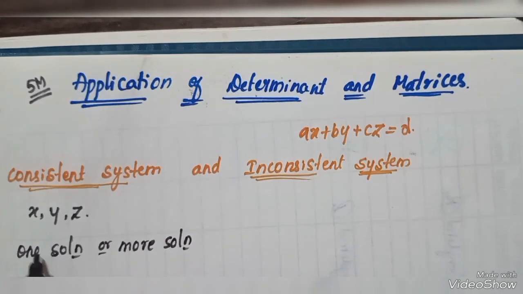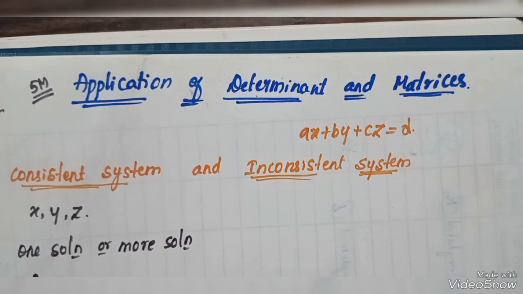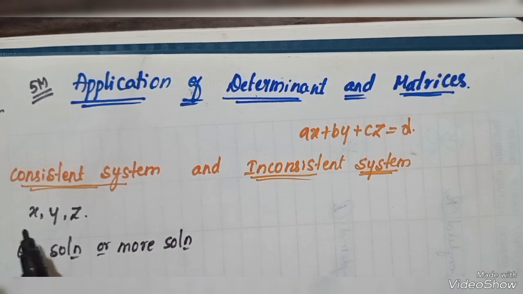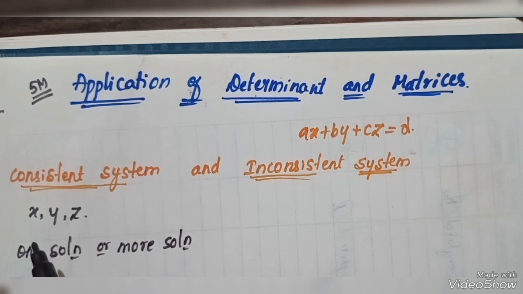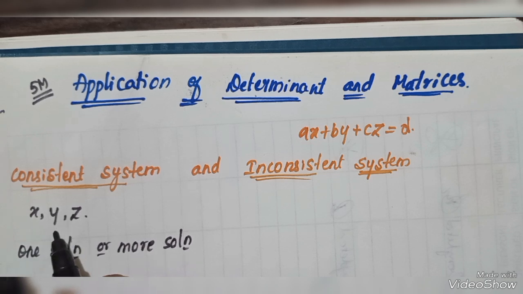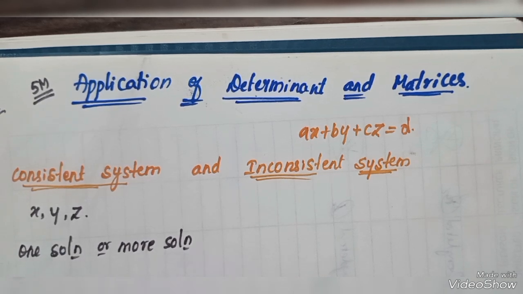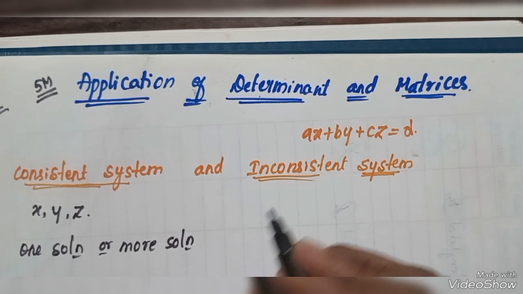It means x has 1 value or x has more than 1 value, same for y as well as z. Here x, y, z having more than one result is called more solutions. If it has a unique solution, meaning only one value, then it is also called a consistent system.